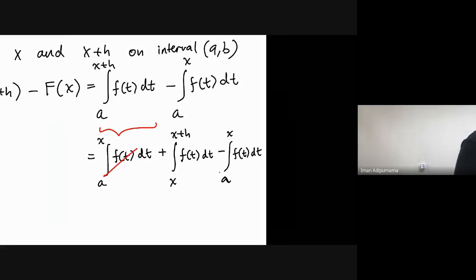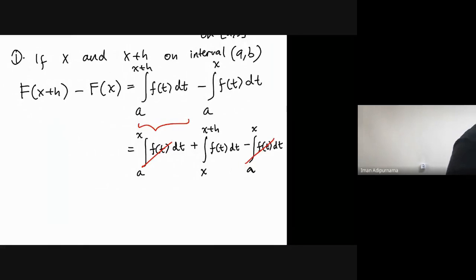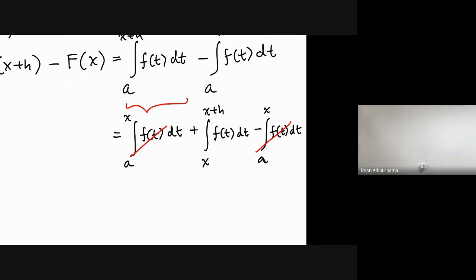This part is canceling. So basically it's telling us that we only consider the integration from x to x plus h, which in our assumption is correct.